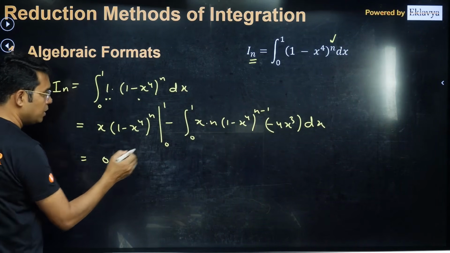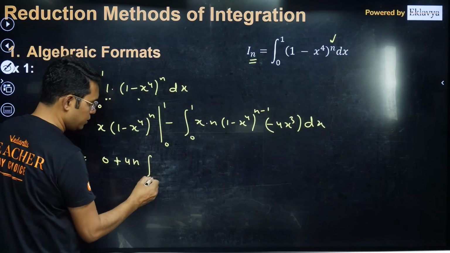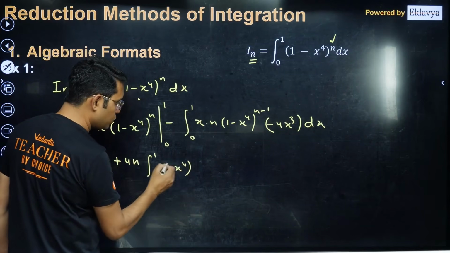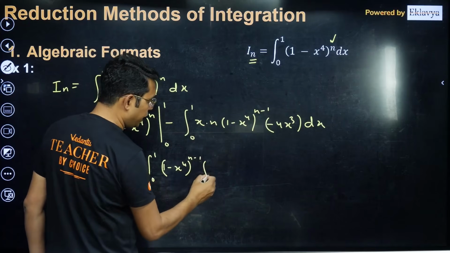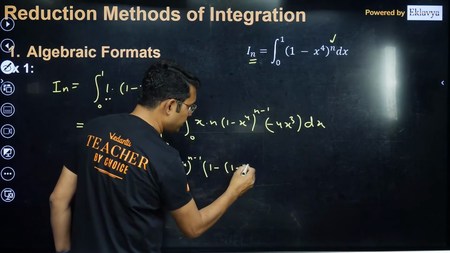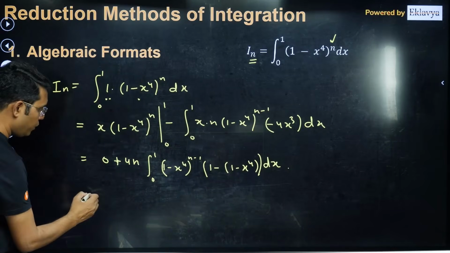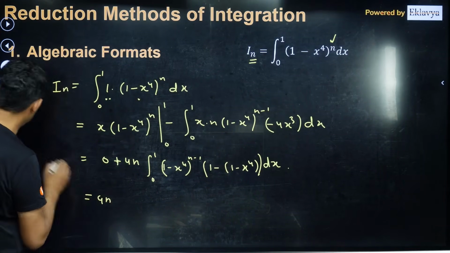Here the minus becomes plus, and 4n I can bring out. Then 0 to 1, it will be (1 minus x⁴) raised to the power n minus 1, and this x⁴ I can write as 1 minus (1 minus x⁴), dx. So you can see this n is becoming 4n outside.